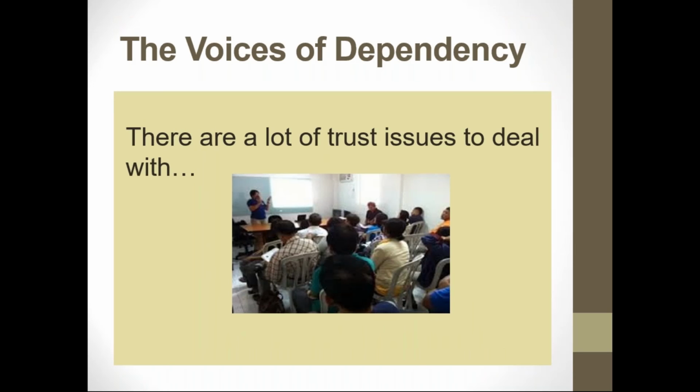A lot of the vocabulary and terminology in chemical dependency is very similar to mental health. So if you've done a lot of mental health, chemical dependency will not be as hard for you. And this is due mainly to the fact that a lot of patients who are in chemical dependency have been diagnosed or have what they call a dual diagnosis.